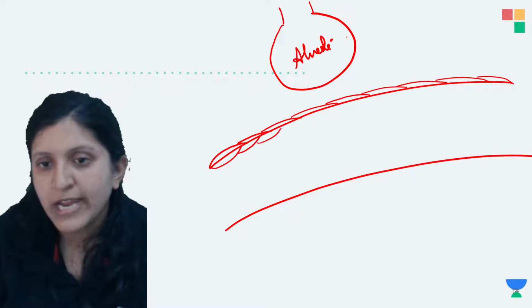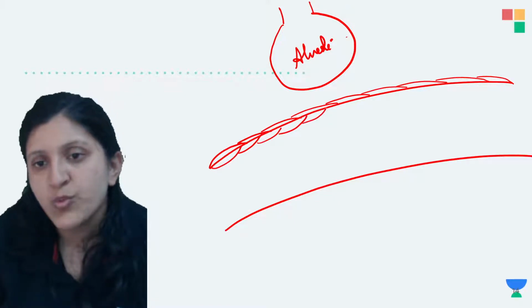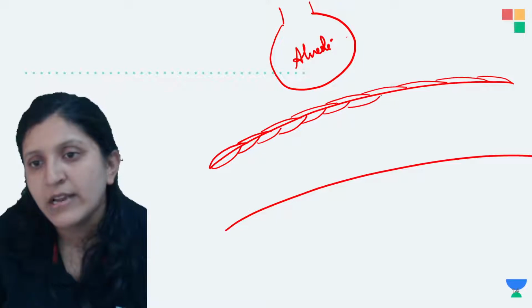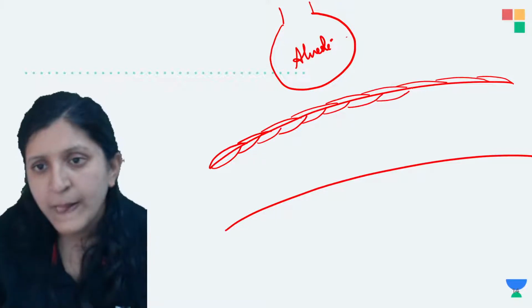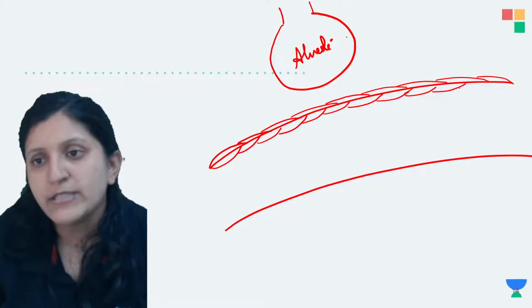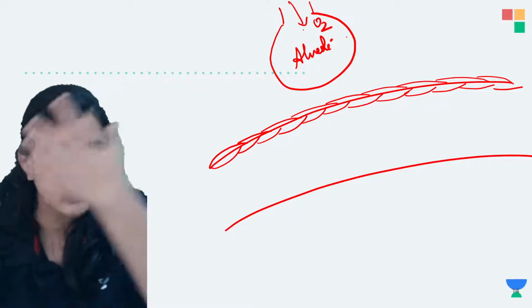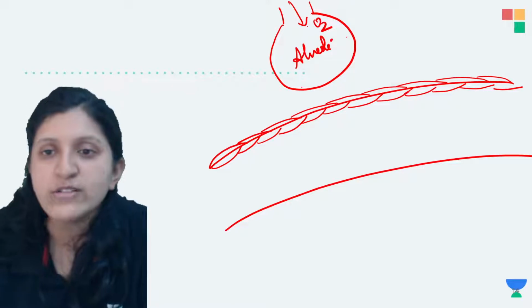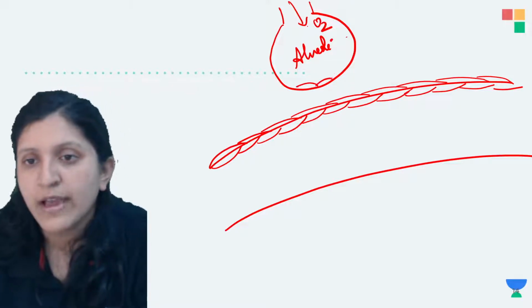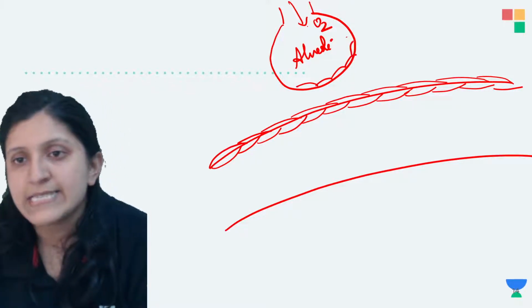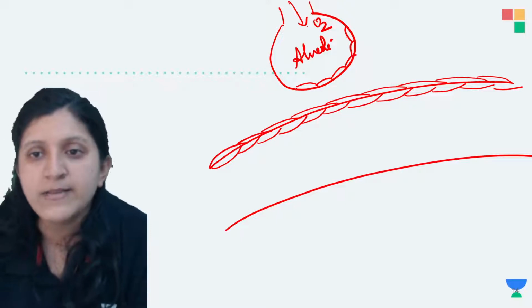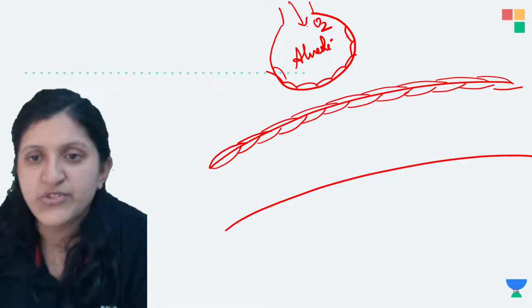On the inner side also you can find just one lining of flat irregular cells. Whatever oxygen you take in from the atmosphere is going to diffuse across these cells, the alveolar cells, which are squamous, the flat ones.